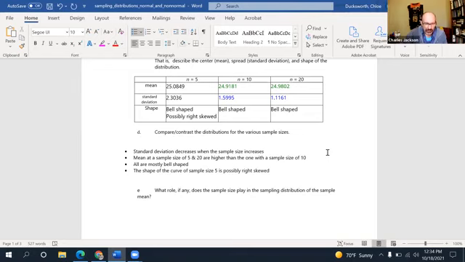It's talking about all of this, right? These are all components of the distribution, all things that we use to analyze the entire distribution.